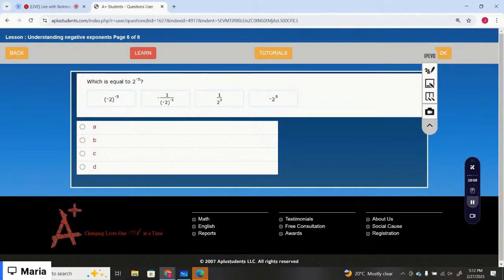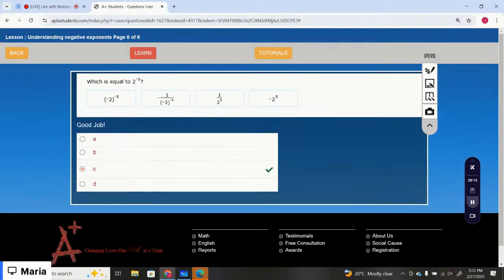Which is equal to 2 exponent negative 5. Very good. Option number C is the correct option. That is 1 divided by 2 exponent 5.